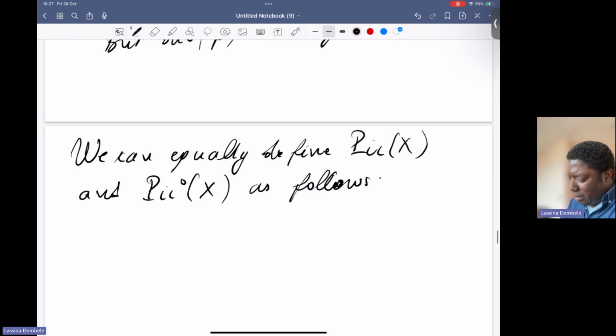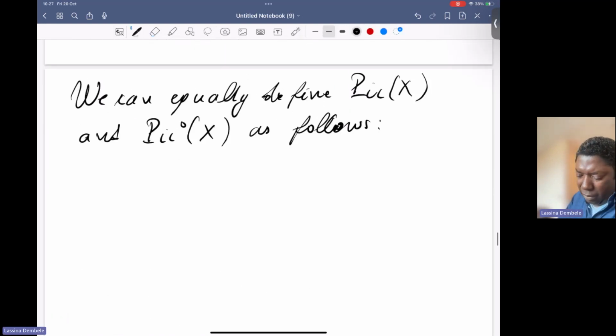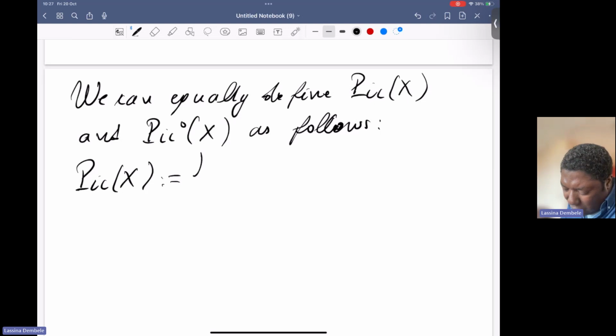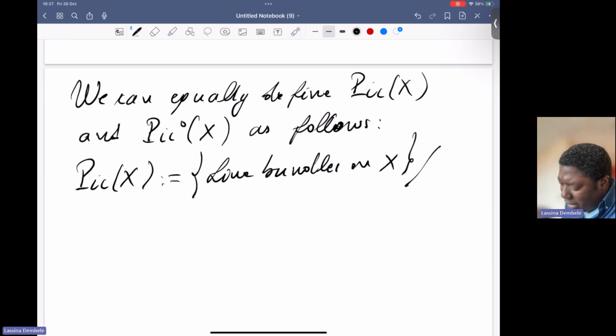Pic(X) would be the line bundles on X up to isomorphism.